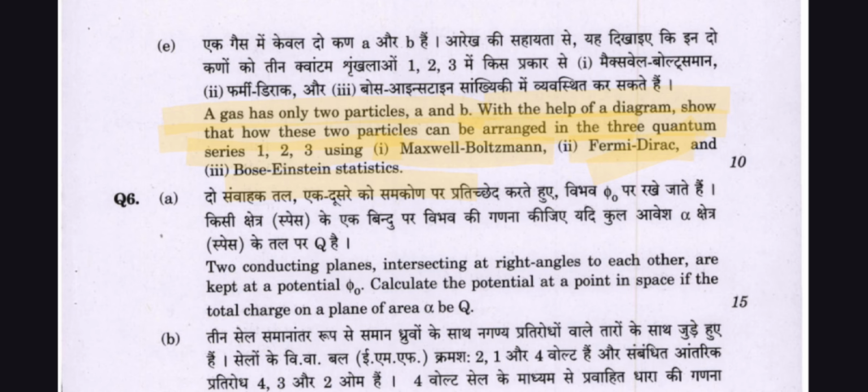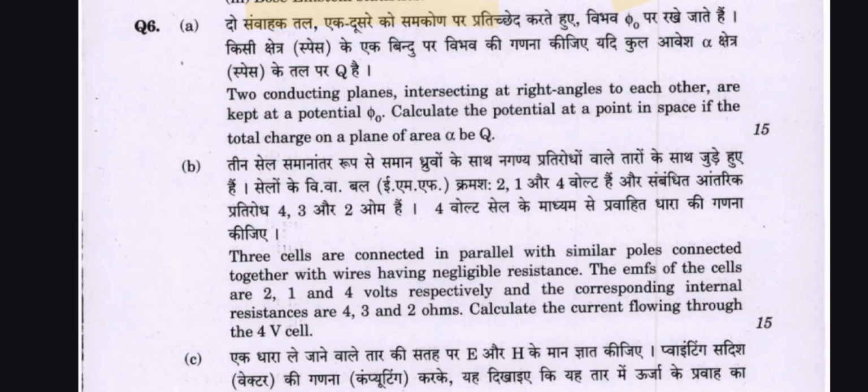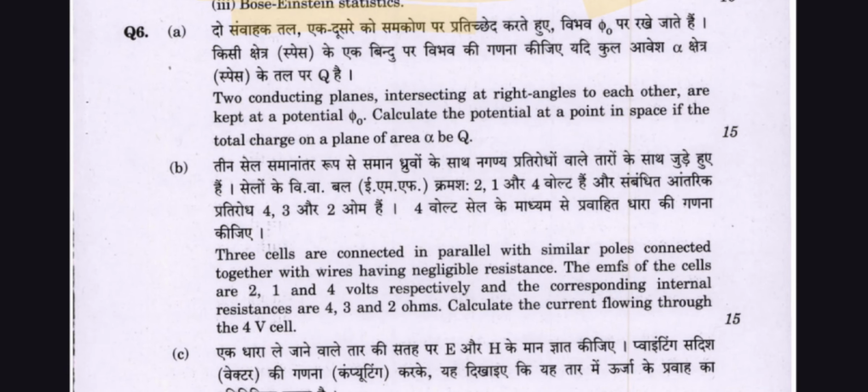And question number 6, two conducting planes intersecting at right angles to each other are kept at a potential phi naught. Calculate the potential at a point in space if the total charge on a plane of area alpha is q.